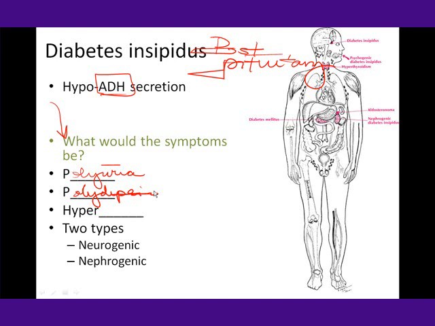Okay. Now, people can also develop something called hypernatremia, meaning that I'm losing water, but I'm not losing a correlating amount of sodium. Sodium is still present, so if I look at my blood levels of sodium, the amount of water in the blood has dropped, but the amount of sodium has remained the same.